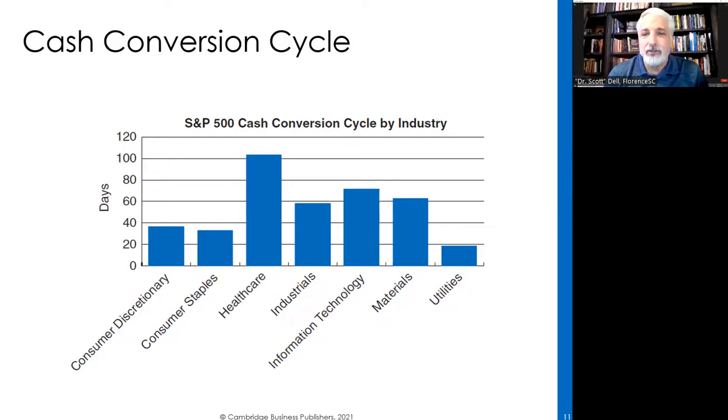We got to do some major tests and we get the bills going, and insurance companies take their sweet time sometimes to pay it, and individuals may not be paying it or are on a payment plan to pay it. IT is number 2 on this list. Consumer staples, that's fairly quick. Consumer discretionary, fairly quick.